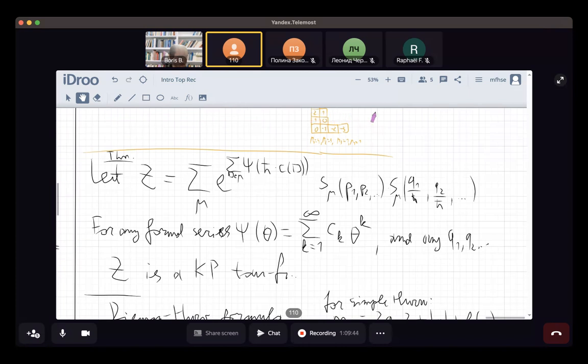It includes the simple Hurwitz numbers, the double Hurwitz numbers, the Bousquet-Mélou–Schaeffer numbers, the monotone, the strictly monotone. Many cases known from the literature of Hurwitz numbers are included here. And this will be our main object of what we're dealing with for the rest of the course.